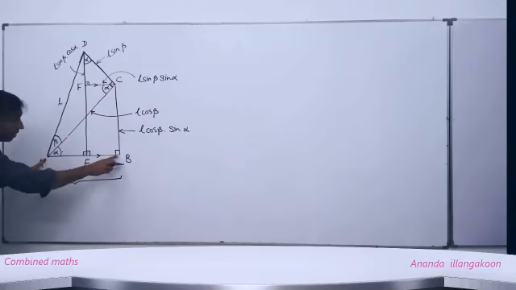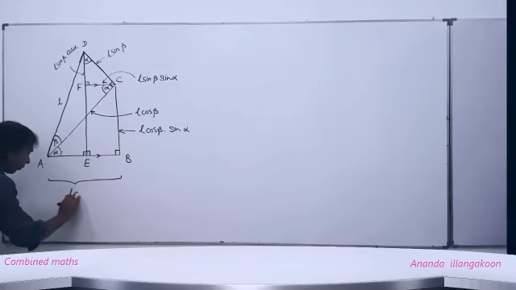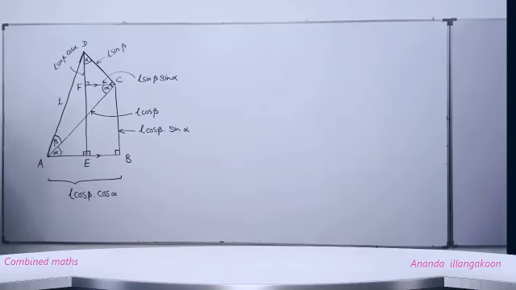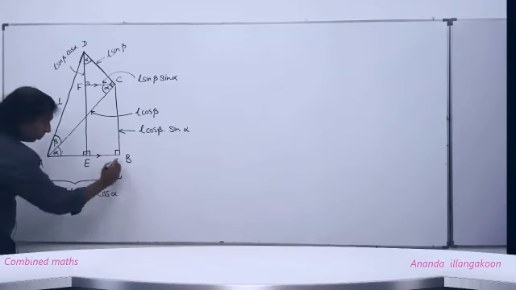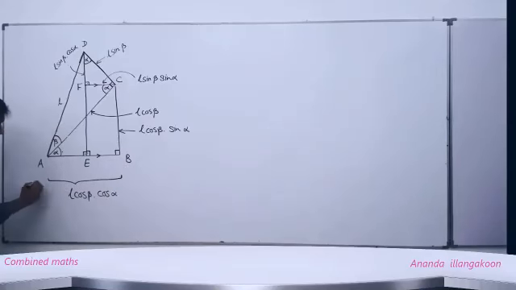The hypotenuse is L cos beta, the angle is alpha, so the adjacent side is hypotenuse times cos of that angle: L cos beta cos alpha.